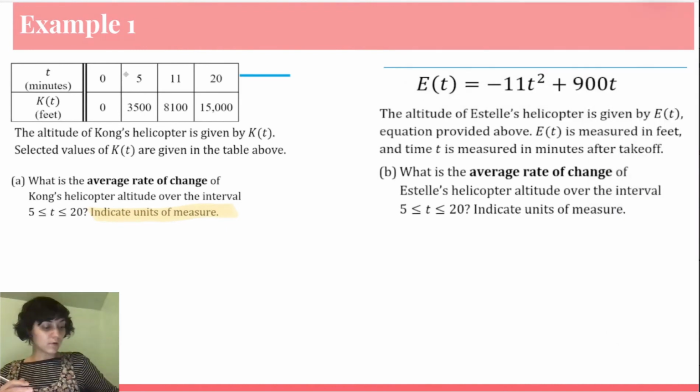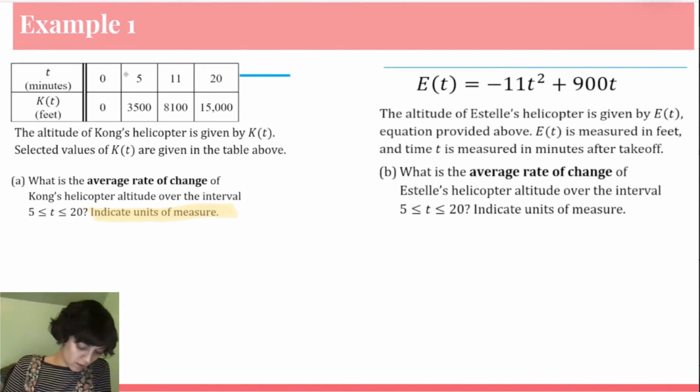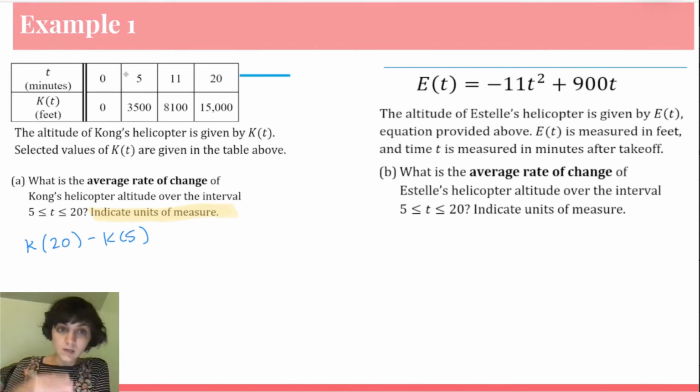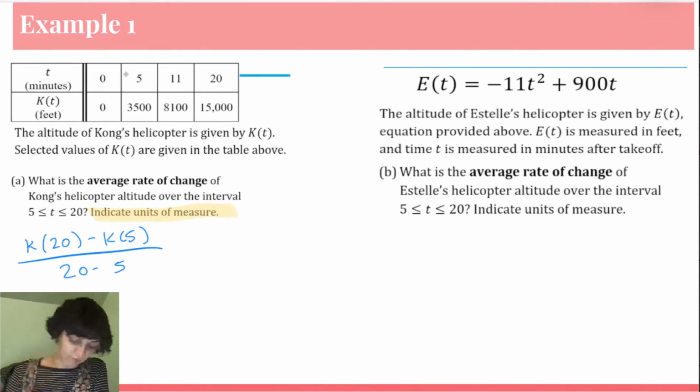So I'm going to be using my equation. The average rate of change is k of 20 minus k of 5 over 20 minus 5. So change in y over change in x. Just using that basic average rate of change equation. So using my table, k of 20 is this point.